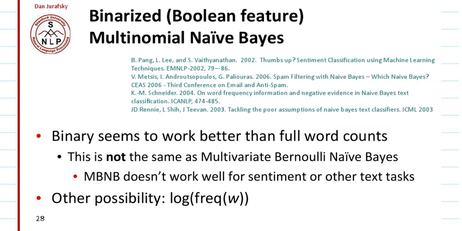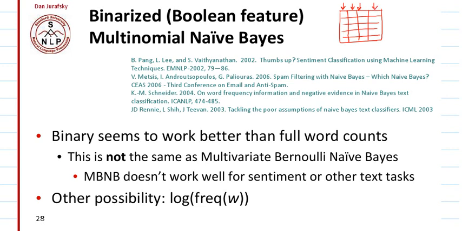And this binarized naive Bayes is not the same as multivariate Bernoulli, which is something different. In multivariate Bernoulli, as we discussed earlier, each of these features is actually a Bernoulli random variable.